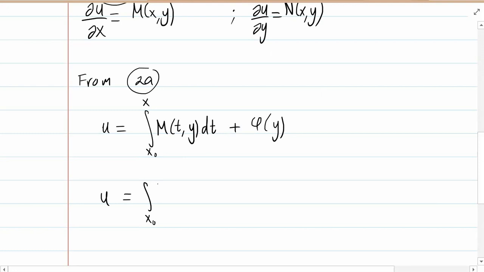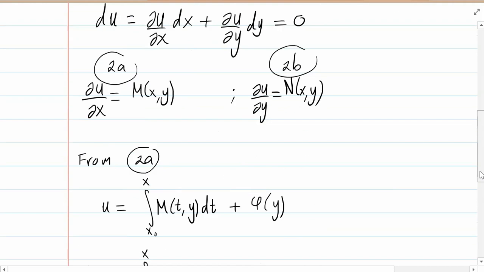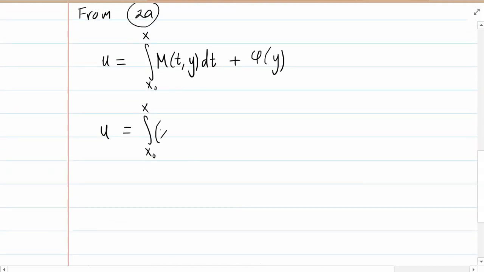Substituting the values of M into the integral, we have x plus sine y. Sorry, this should have been a t. We have to use a different letter. We cannot simply integrate with respect to x when we are evaluating the integral at x.